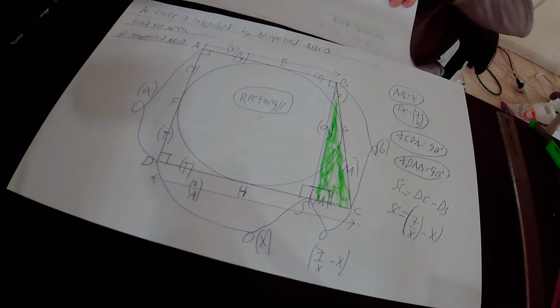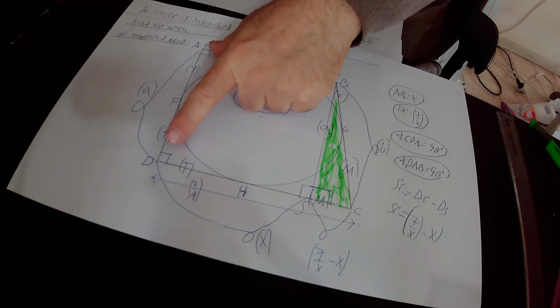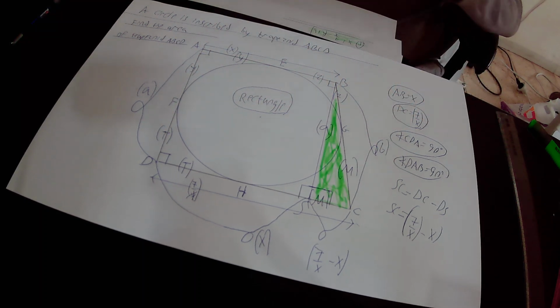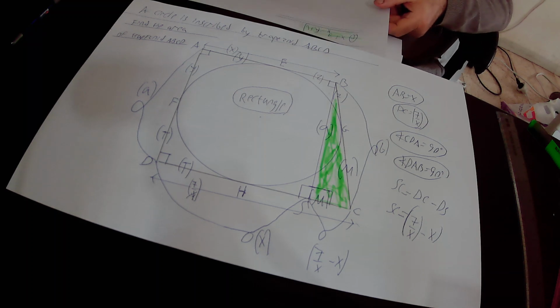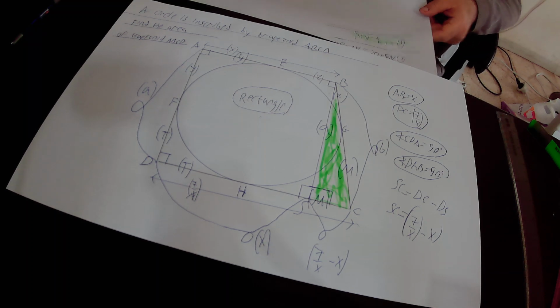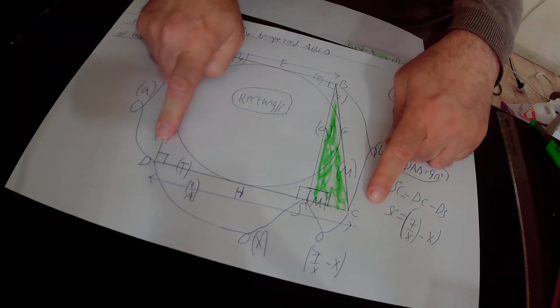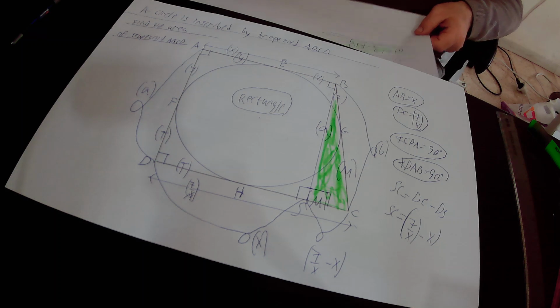In the next step, we define the length of side AD as A, and the length of side BC as B. So AB equals X, and DC equals 7 over X according to what is given in the question.